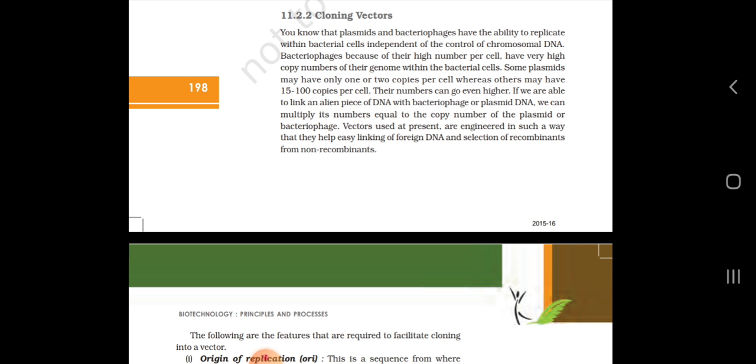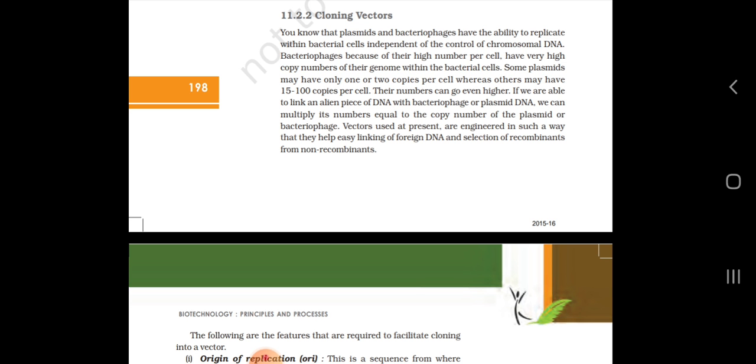The second one is the bacteriophages. The bacteriophages are viruses that have the ability to infect bacteria. Now, the cloning vectors produce copy number. What is a copy number?